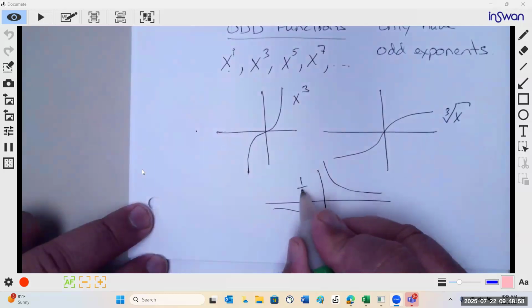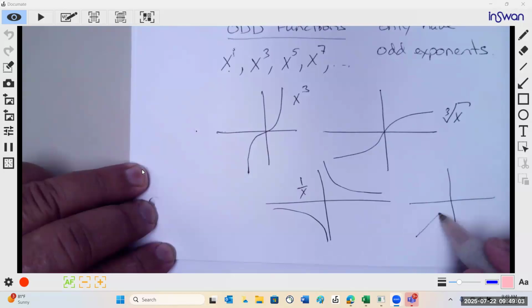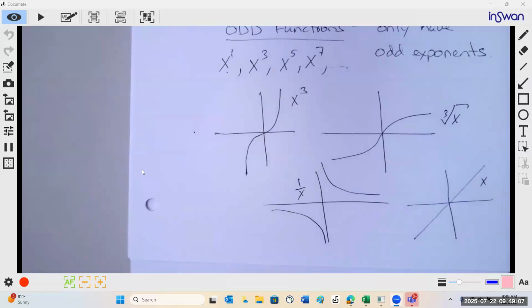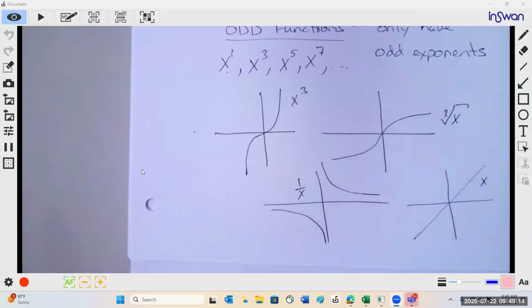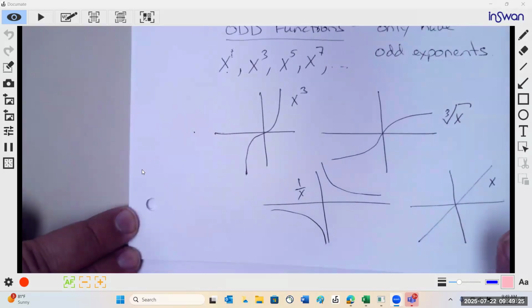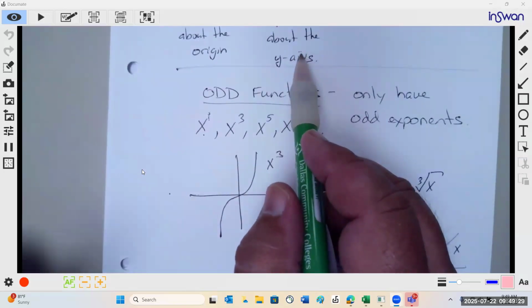This one's 1 over x. And another one, the equation x. If you notice, in all of these the exponents are odd. Remember, for even, it's got to be symmetric about the y-axis.